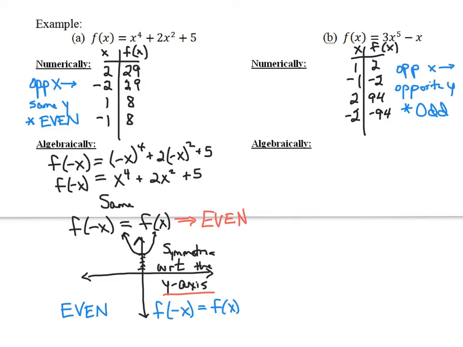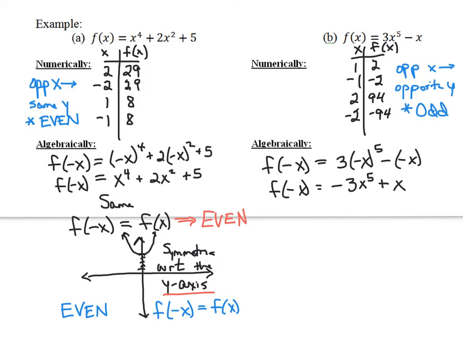So we're going to confirm this by looking algebraically. Let's go ahead and find the function value at negative x using this equation. So 3 times negative x to the 5th power minus negative x. Let's algebraically simplify this equation. So I'm getting negative 3x to the 5th plus x. Now how does this compare to our original f of x?